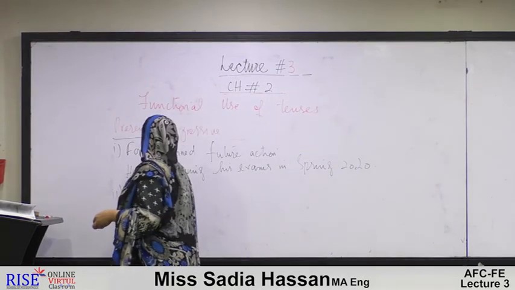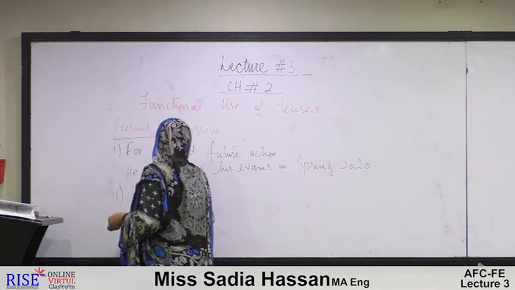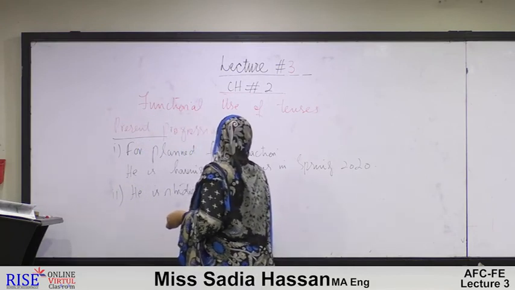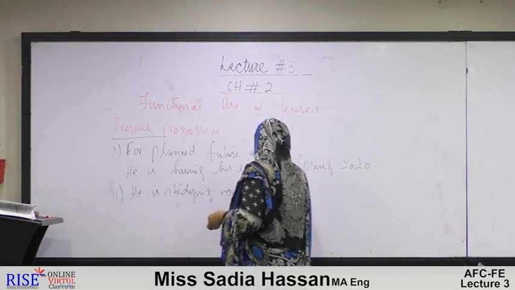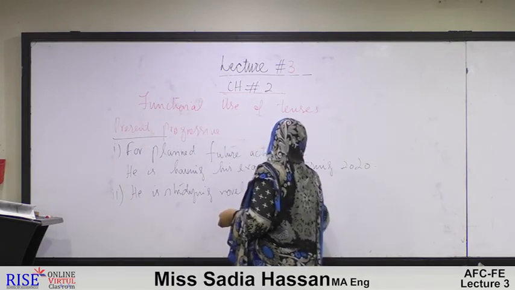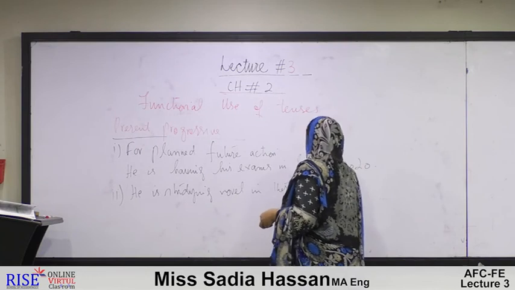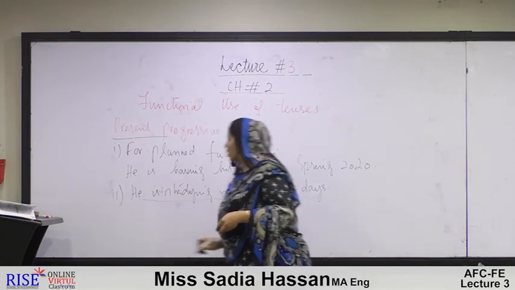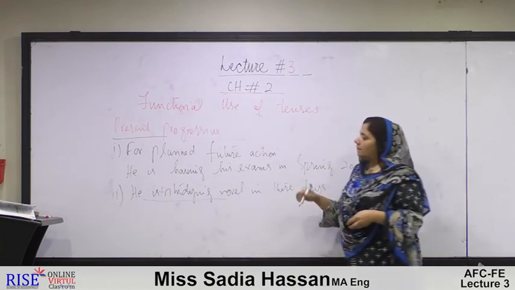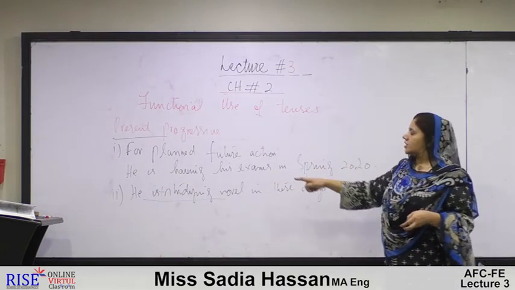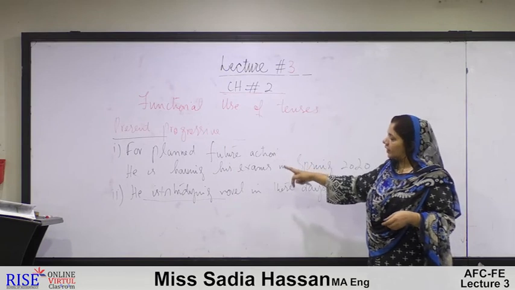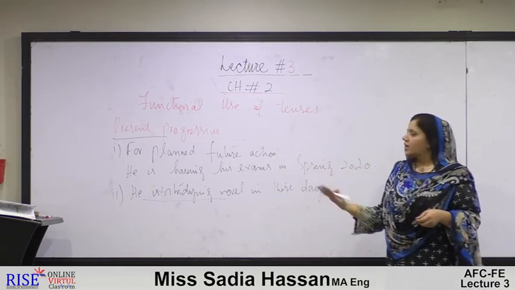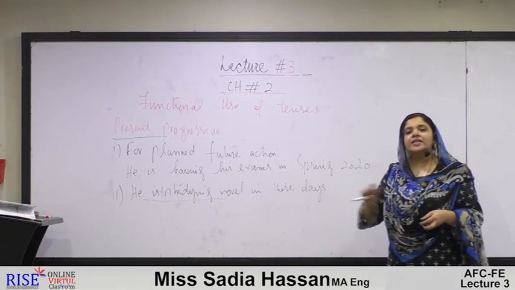For example, he is studying novel in these days. He is studying is not showing the particular or immediate action, rather it is showing an action which is not going on at that particular time, rather which is going on in these days.